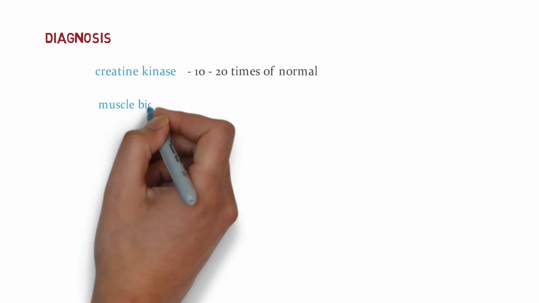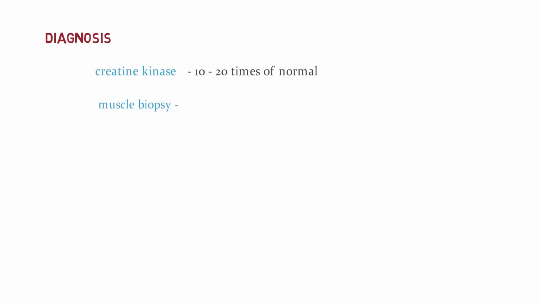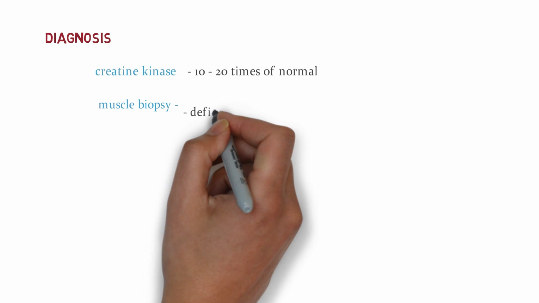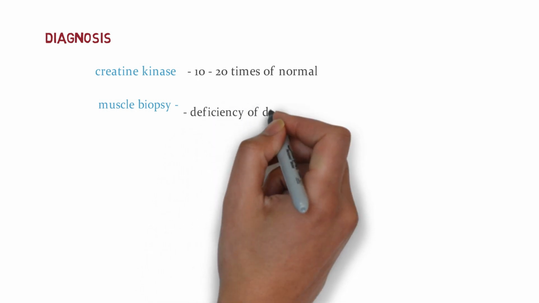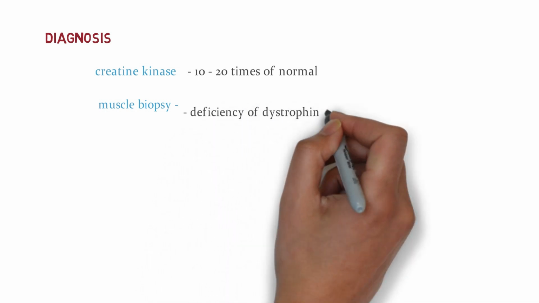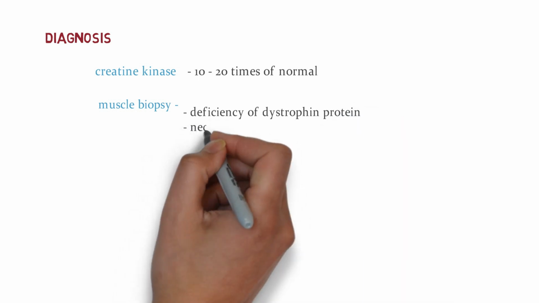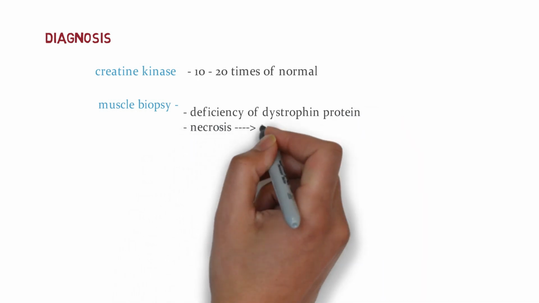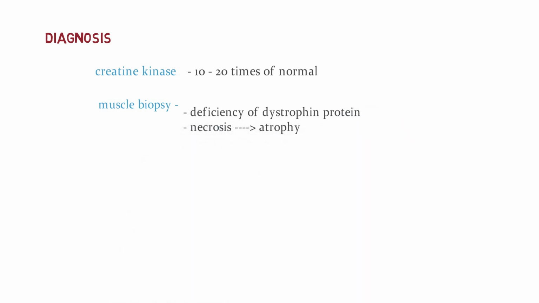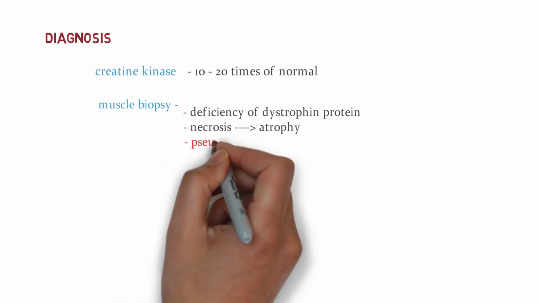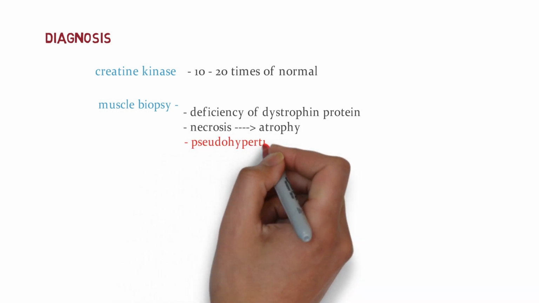And we can do the muscle biopsy, which is the gold standard for this diagnosis, and this test is performed when genetic testing is negative or the clinical phenotype is atypical. We find that in muscle biopsy there is a deficiency of dystrophin protein, and there is necrosis, and maybe there is atrophy of the muscle, or there may be pseudohypertrophy.